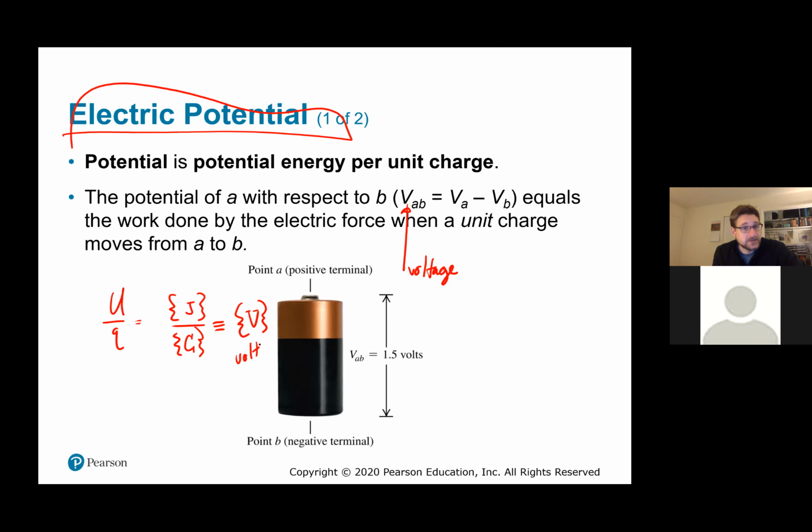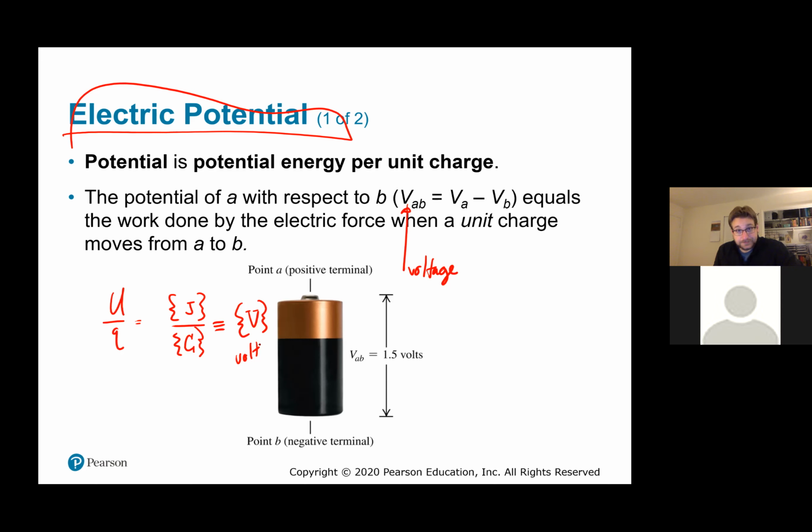After Alessandro, I think, Volta, who is credited with stacking electrochemical cells to create a battery, redox reactions in series to achieve greater potential energy per unit charge, greater voltage.